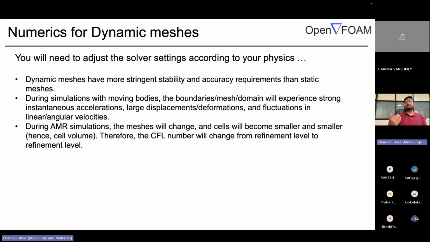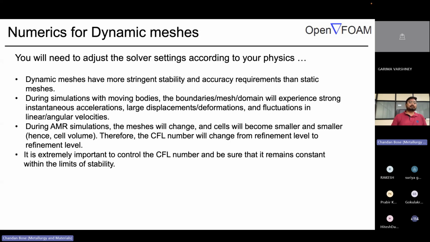So if your cells become smaller and smaller, your CFL number will also change locally from one refinement to another, which is quite critical to get a robust and accurate solution. So we have to change it accordingly.